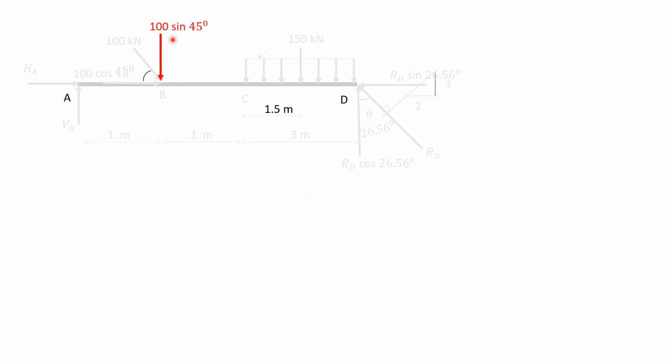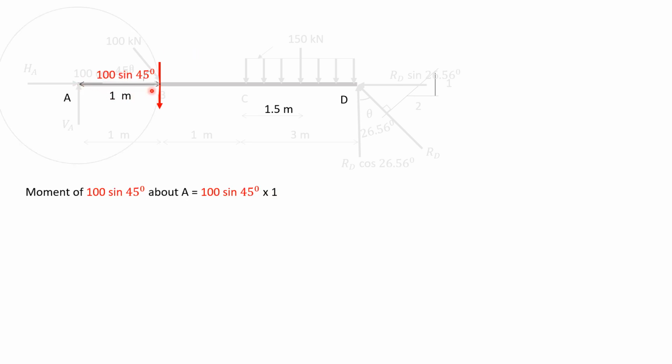And this 100 sin 45 will have line of action of force like this, and it will have perpendicular distance about point A of 1 meter, and it will rotate about point A clockwise. Its moment magnitude is given by 100 sin 45 into 1 clockwise, so plus.